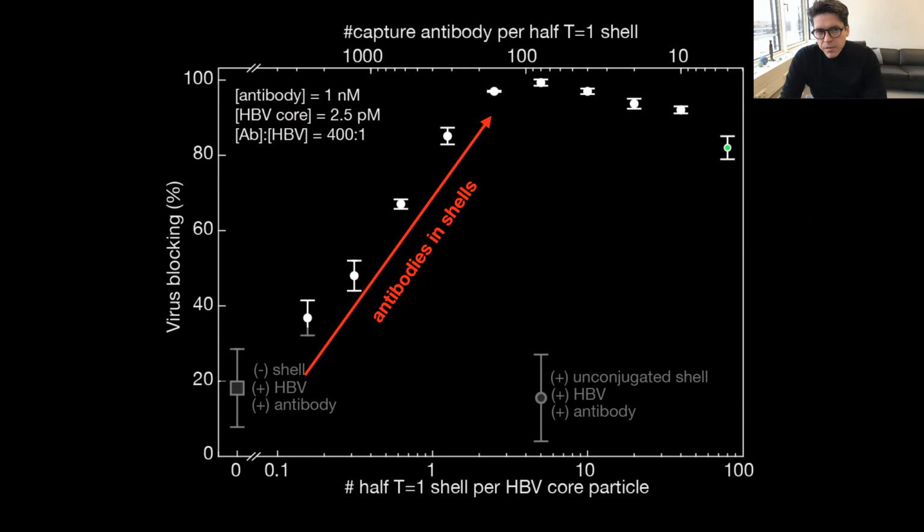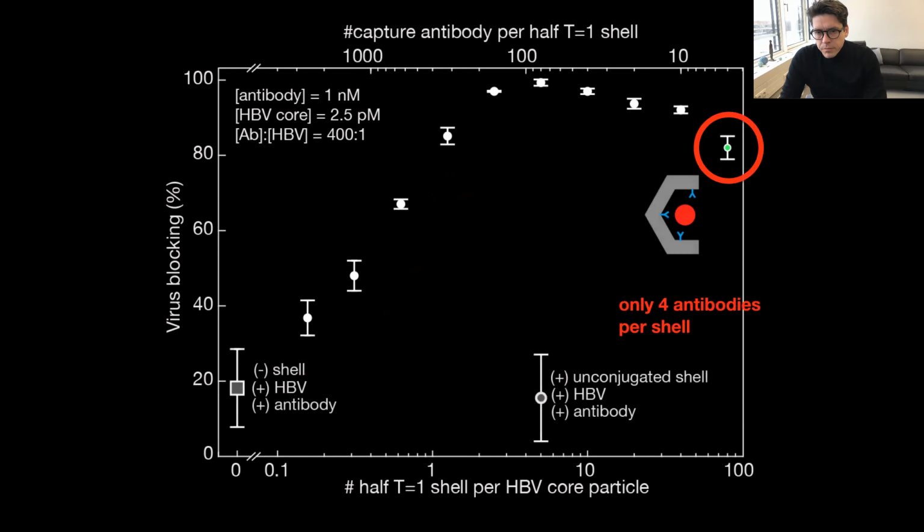And if you look at these other data points, at this data point, for example, we only have approximately 4 antibodies per shell in this circumstance, and we still have 80% of virus blocking. So this shows us that for multivalent binding, we still get stable binding, and the material of the shell really contributes to the passivation of the virus.